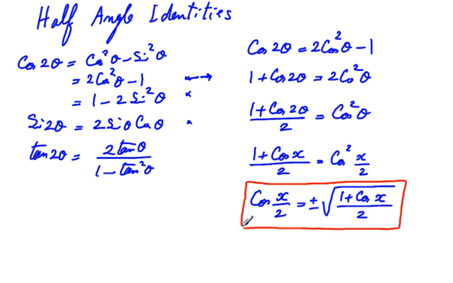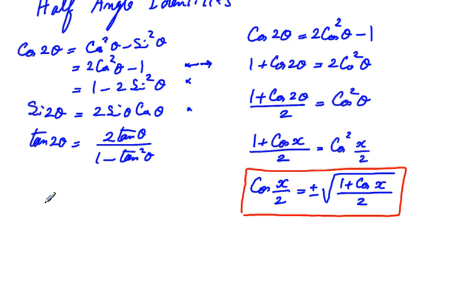We might have started the same thing with the other one. That is, I might say, well, look, I could have said cosine of 2 theta is equal to 1 minus 2 sine square of theta. Is that right? I rearrange this in the sense that I take cosine and bring it to the right, take the sine and take it to the left.